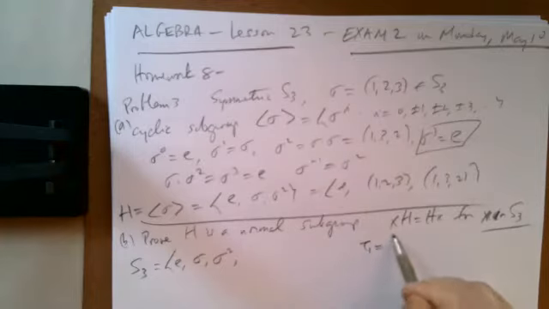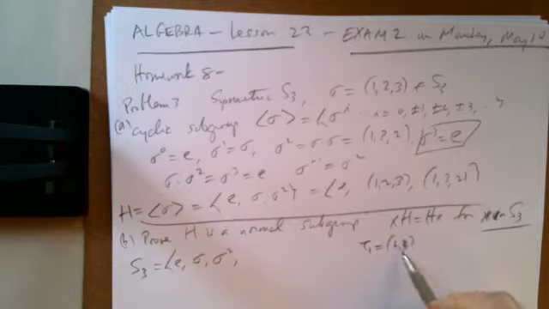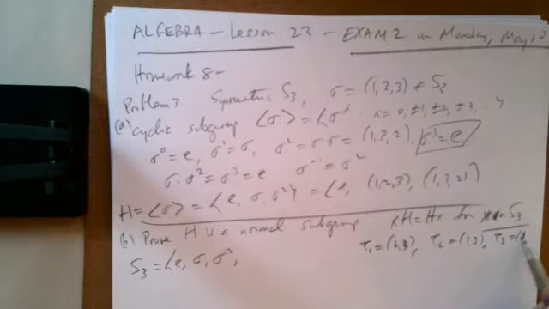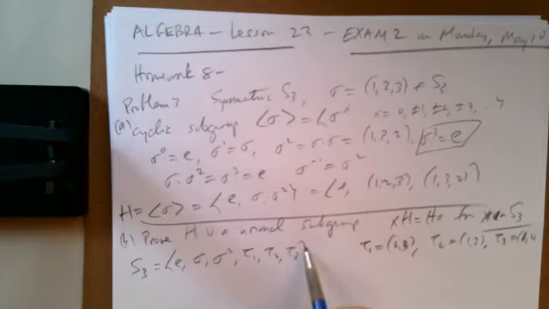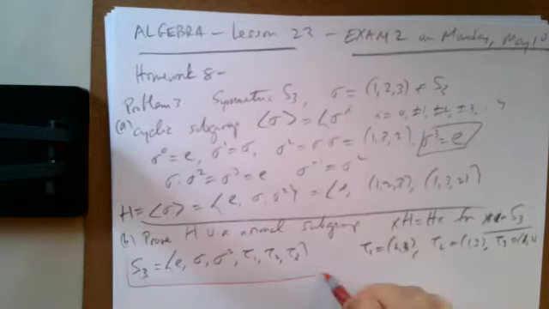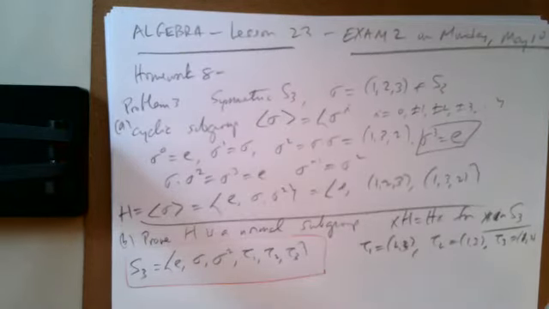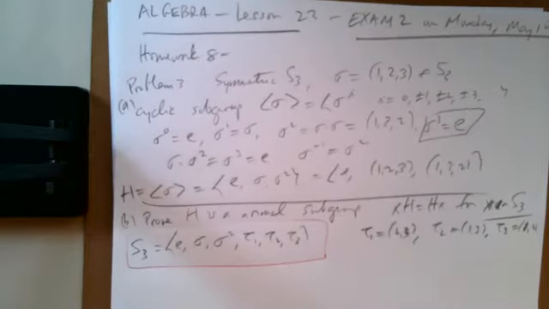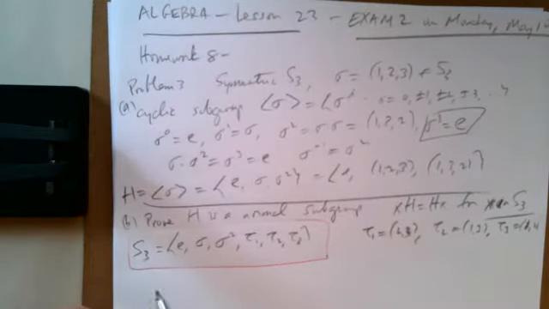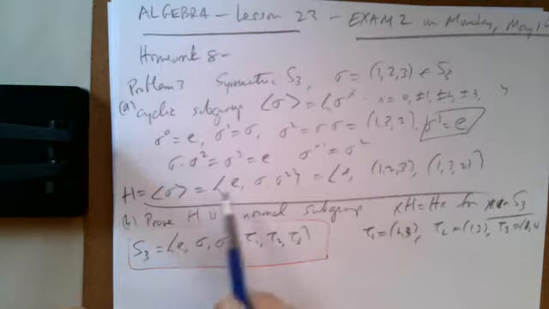So let's say tau 1 transposes 2 and 3, tau 2 transposes 1 and 3, and tau 3 transposes 1 and 2. So tau 1, tau 2, tau 3. So these are exactly the 6 elements in the group. Now, H is a subgroup consisting of these 3 elements.